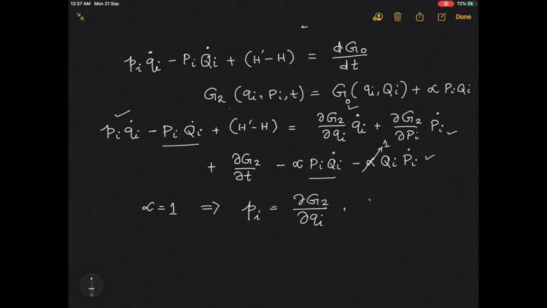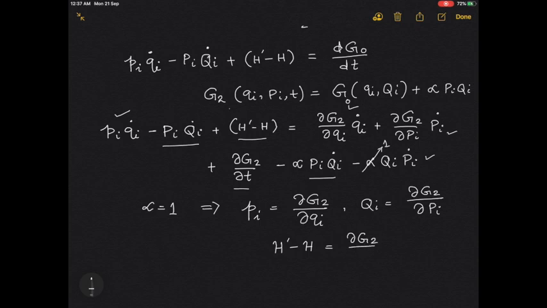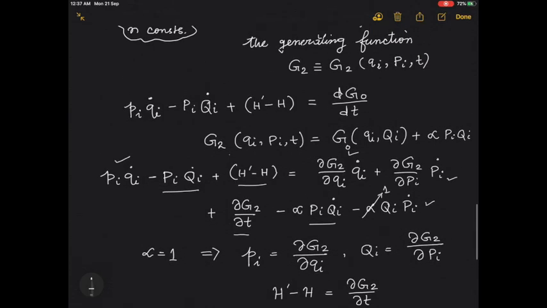And using these two terms, I get Qi as del G2 del Pi. But that's not all. I also have the time dependence now. So I get H prime minus H equals del G2 del t.